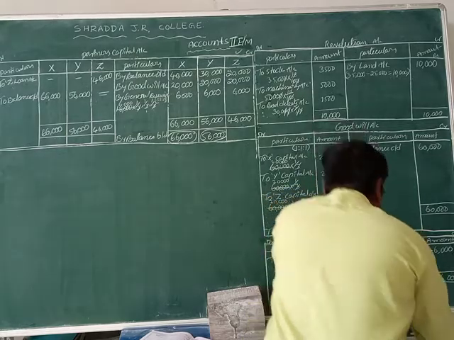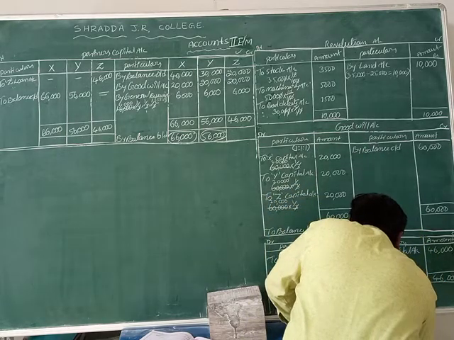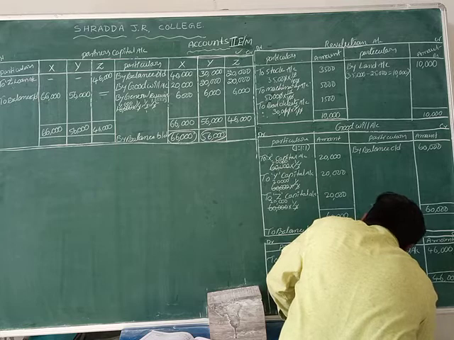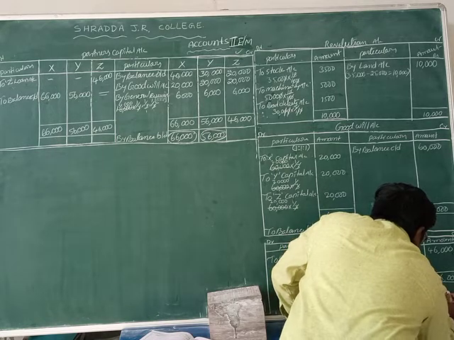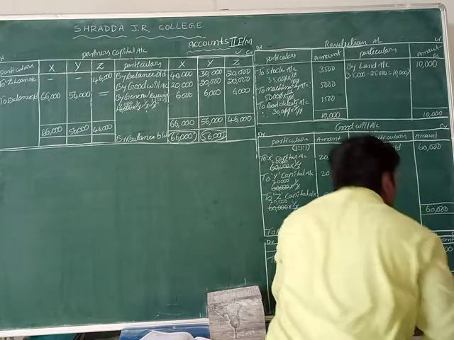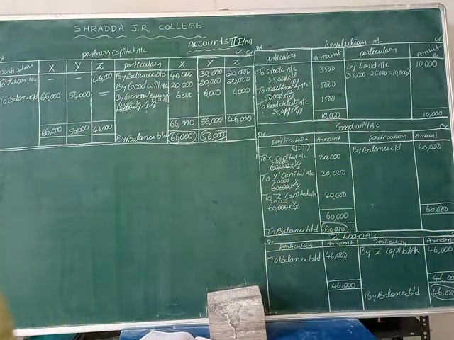Now finally you can write by balance brought down, 46,000 rupees. This amount we can also write in the new balance sheet on the liability side. We can write the Z loan account, isn't it? We can write the Z loan account. That amount is 46,000 rupees.